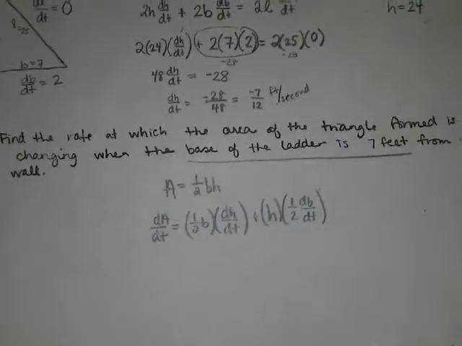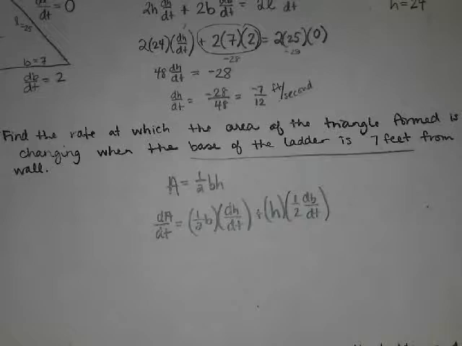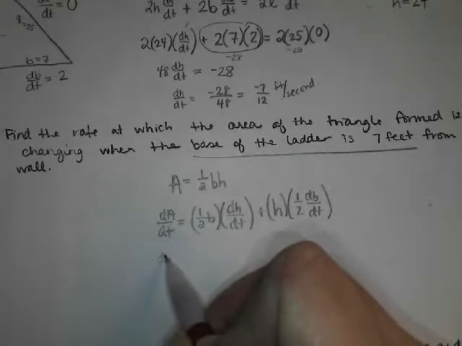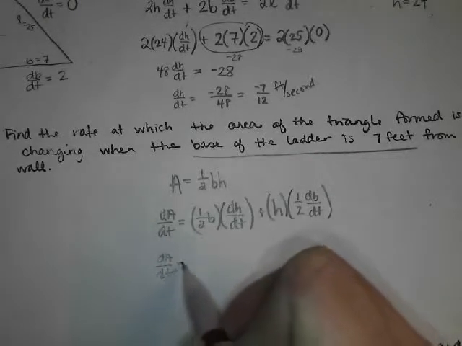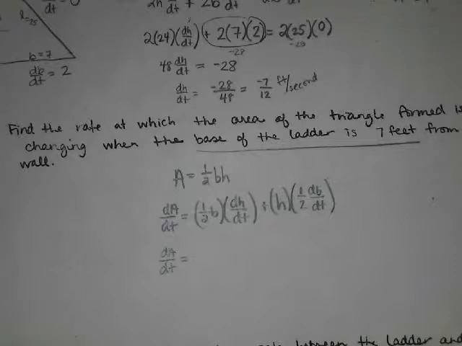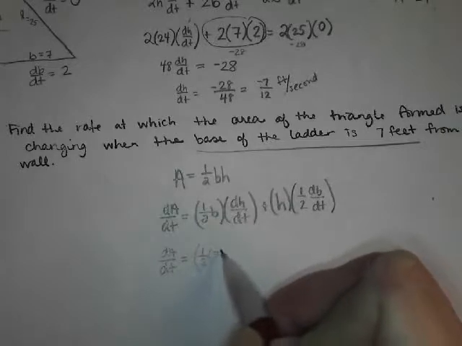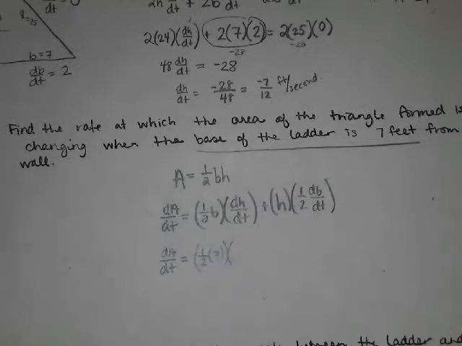And then we're going to plug in what we know, and hopefully we know it all. If not, we're going to have to stop and figure out how we can figure that out. But dA/dt is what they're looking for, the rate of change of the area. What's B? 1/2 of 7. What is dH/dt?